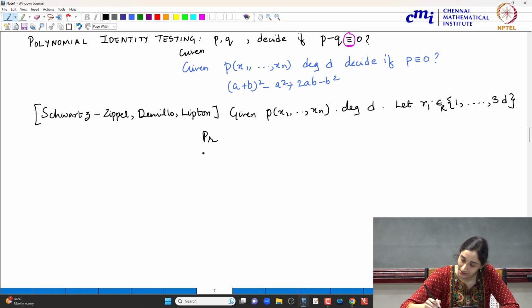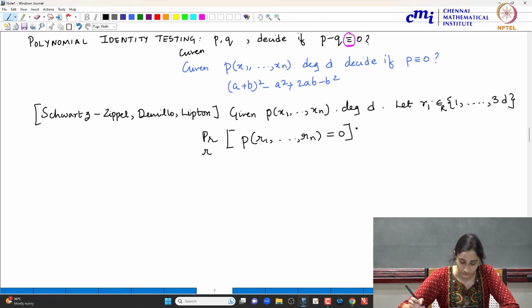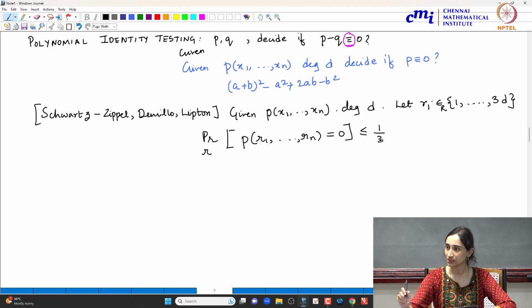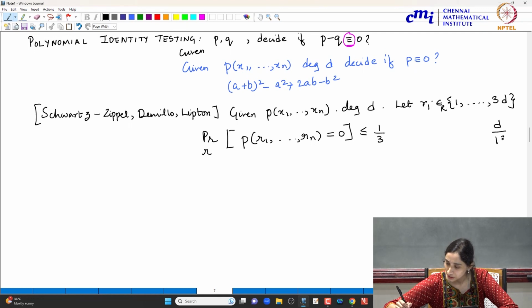Then consider the probability that if I pick such an R and evaluate my polynomial at R1 to Rn, I get 0. Maybe what was done was D over size of S, and in this case the size of S is 3D. So you probably saw D by mod S, and mod S here is 3D.